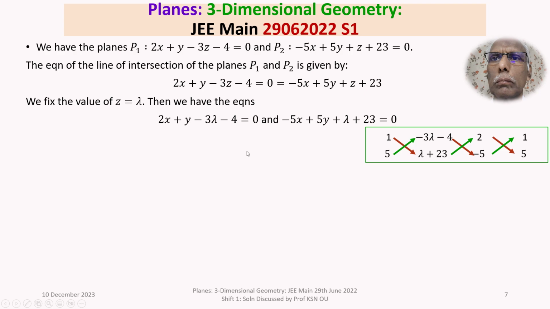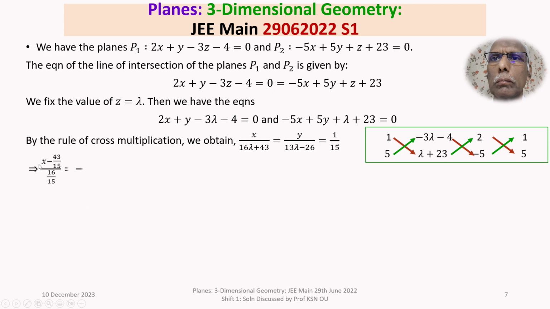Now we do it, and by the rule of cross multiplication we obtain x by 16 lambda plus 43, that is 1 multiplied by lambda plus 23 minus 5 multiplied by minus 3 lambda minus 4, that is 16 lambda plus 43, is equal to y by 13 lambda minus 26 is equal to 1 by 15.